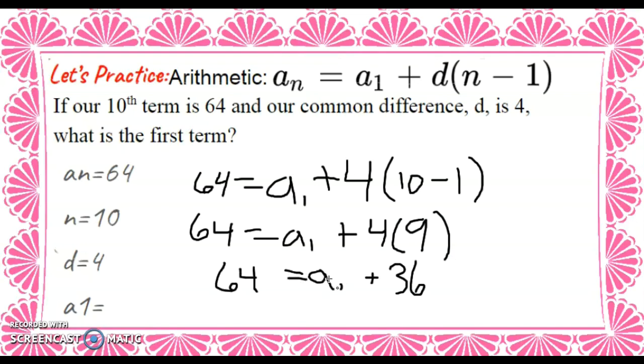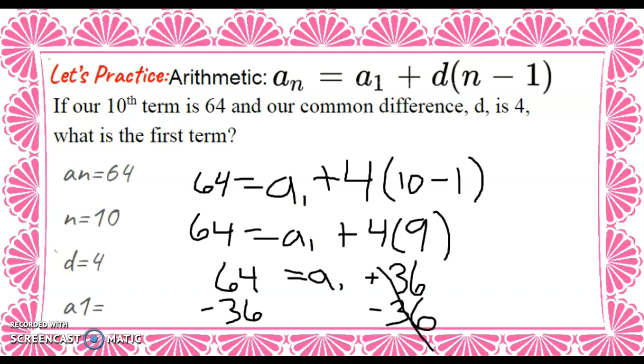Now we want to get the A1 by itself, so this plus 36 has to be eliminated so it goes to the other side. To get rid of a plus 36 on one side, we need to subtract. We need to use the additive inverse. And whatever we do to one side to keep it balanced, we have to do it to the other side.